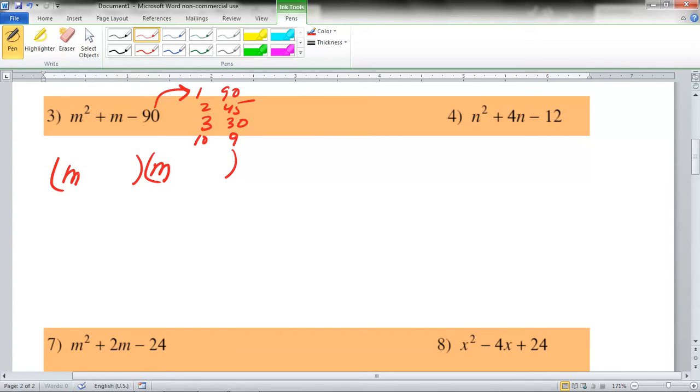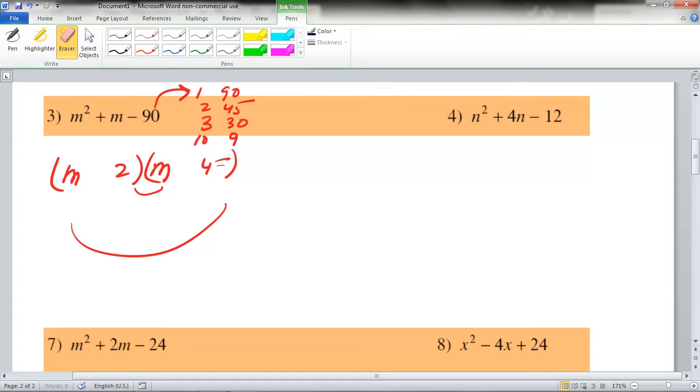If this is going to be a tough one, if you can't foresee that they have to add or subtract to give you 1, right? So if you put like 2 and 45 here, now that's 2m and 45m, they don't add or subtract to give you 1. So after a while, as I said, this becomes easier.